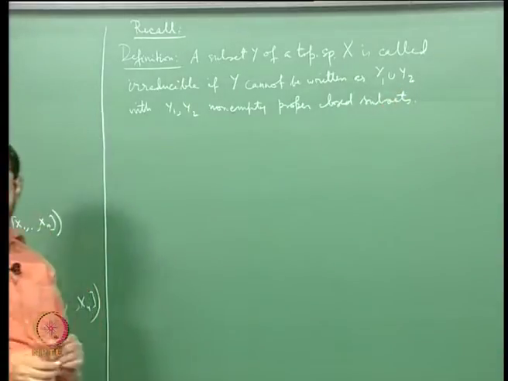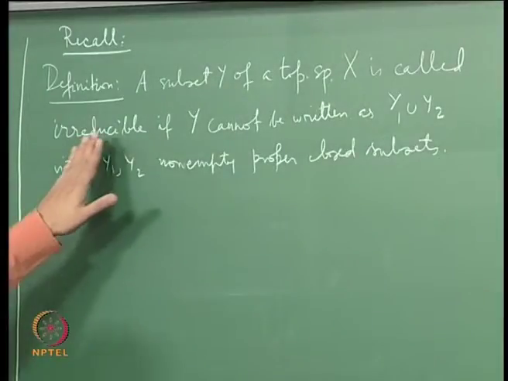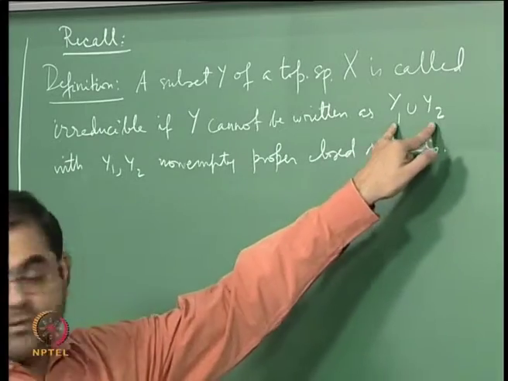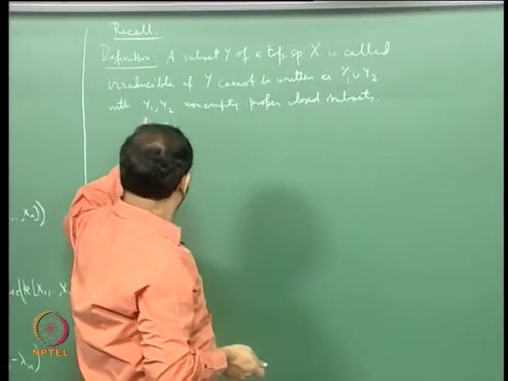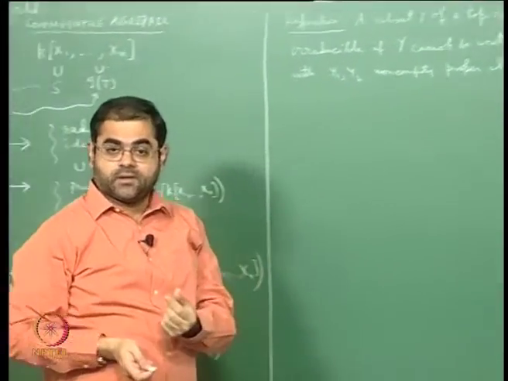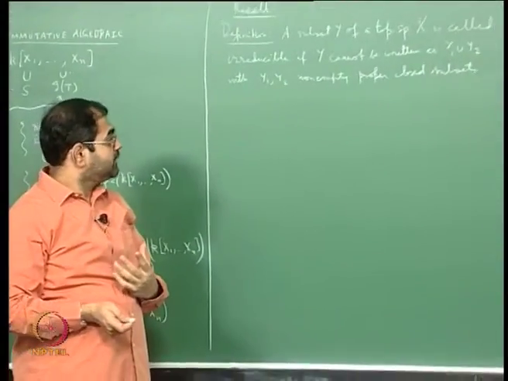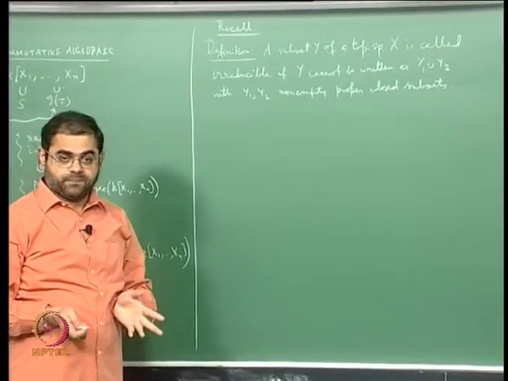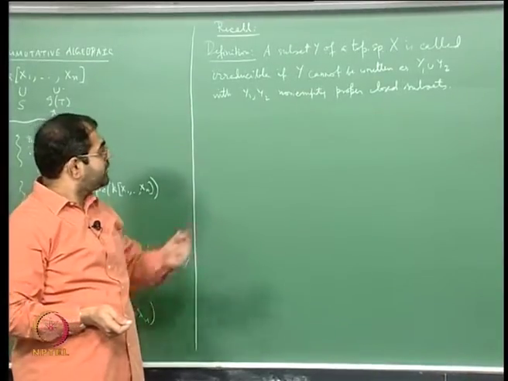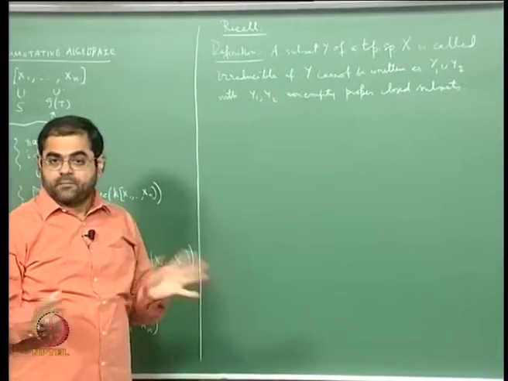Okay, if a topological space can be written as Y1 union Y2 where Y1 and Y2 are non-empty proper closed subsets, then we say that the topological space is reducible. And the definition of irreducible is that it should not be reducible.